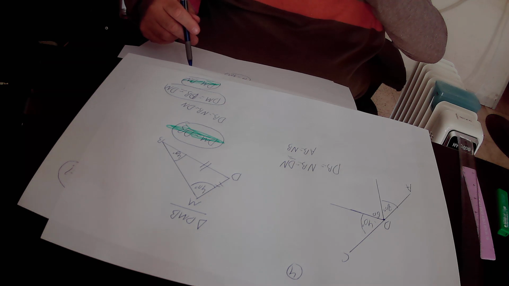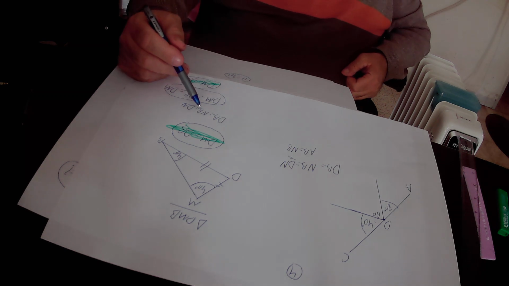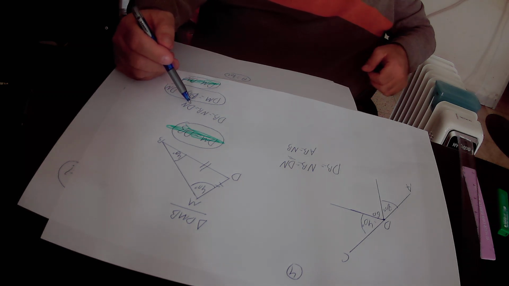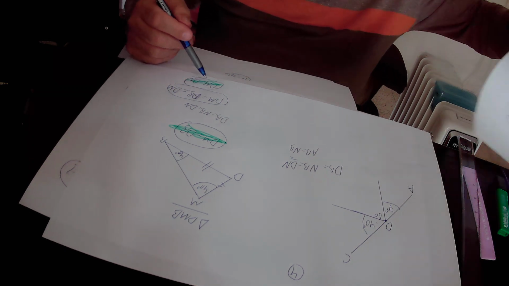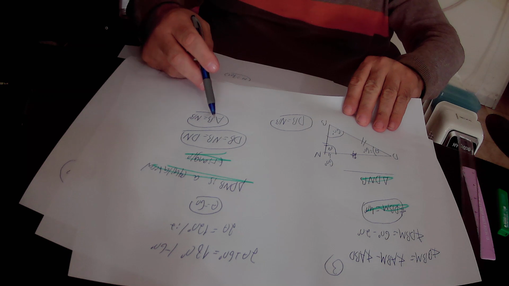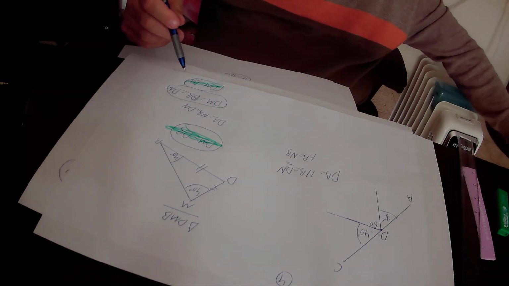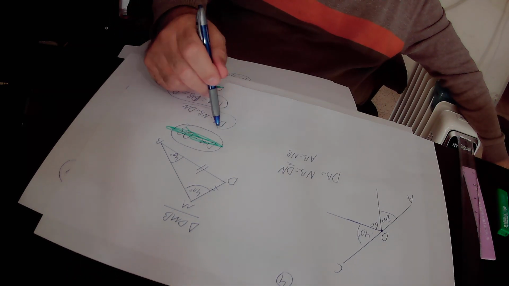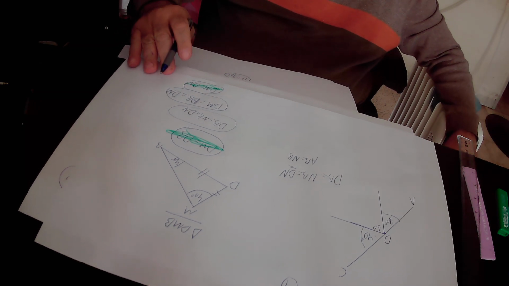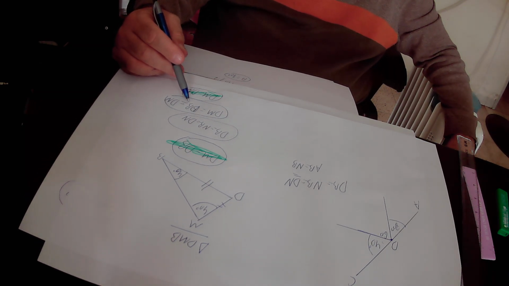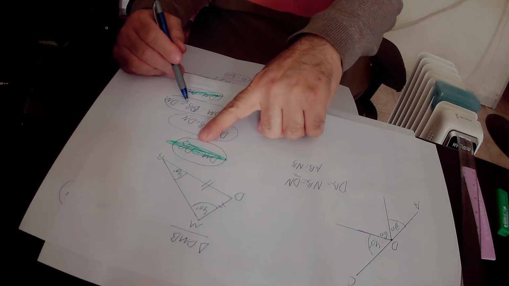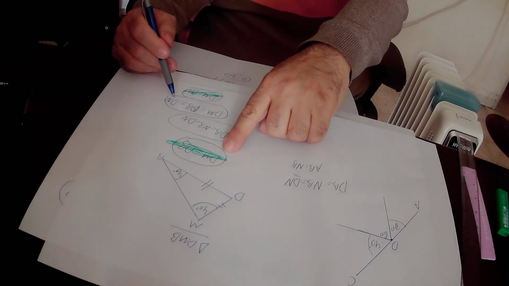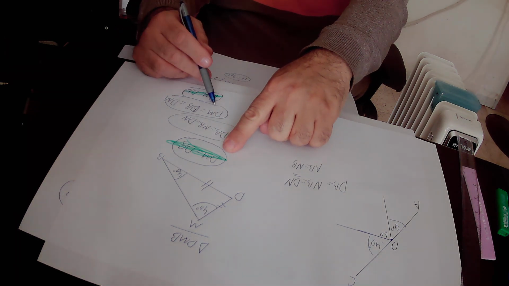And we have already found out that DB equals NB equals DN. So from one side, DB equals DM.